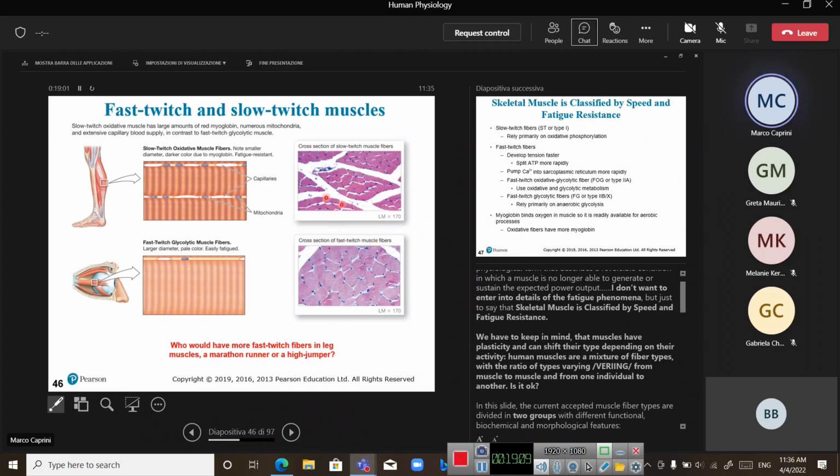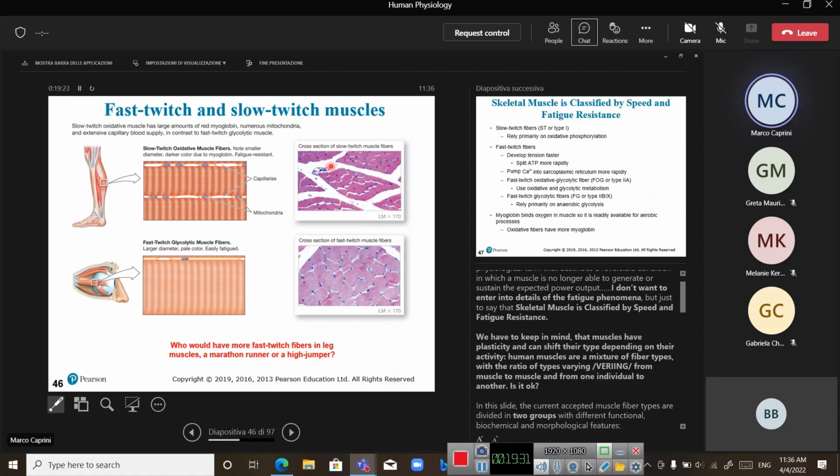from these two pictures, you can immediately appreciate that the fast twitch muscle fibers and the slow twitch muscle fibers are at the opposite, okay. They use different metabolism, oxidative and anaerobic glycolysis.